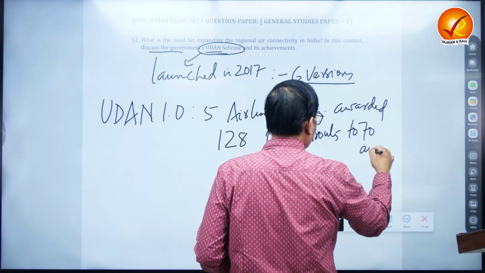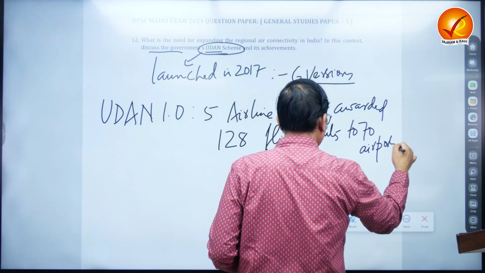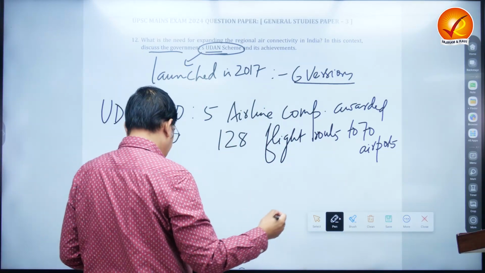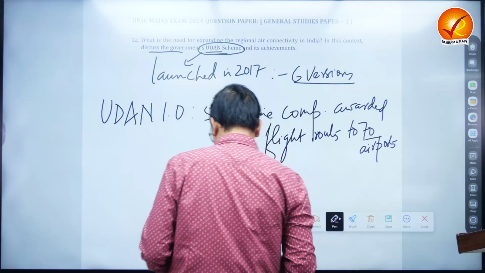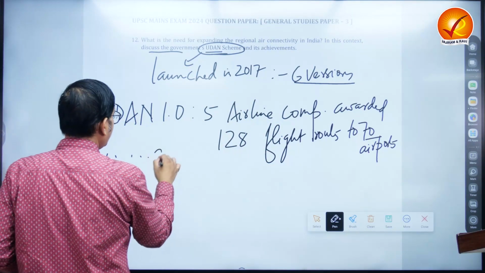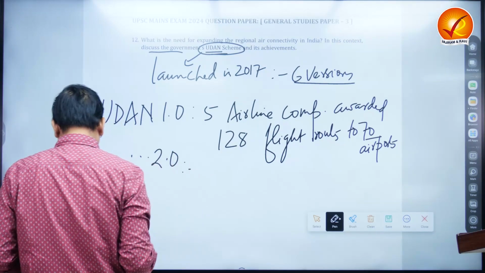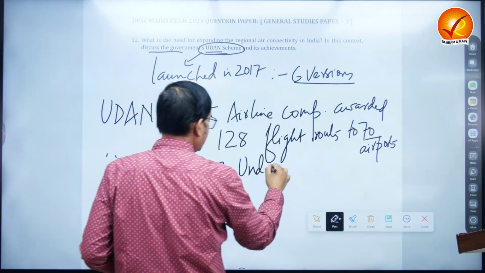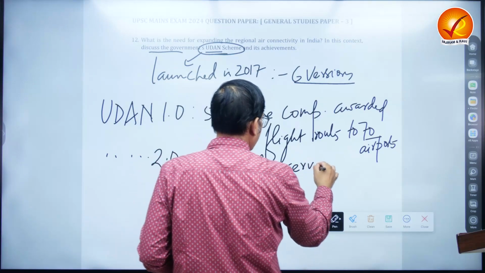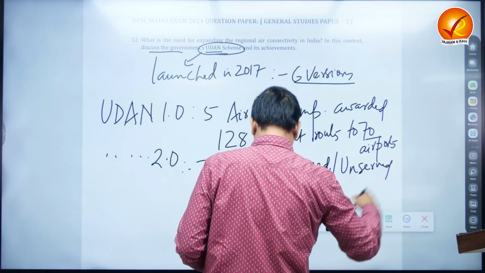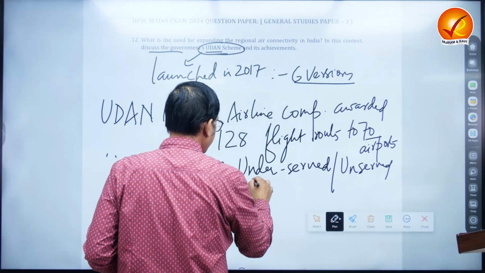It would be better that you quote some figures. As much as you remember, you can quote it. Out of these 70 airports, 38 were newly made airports. Okay. Then in UDAN 2.0, 73 underserved or unserved airports were announced.